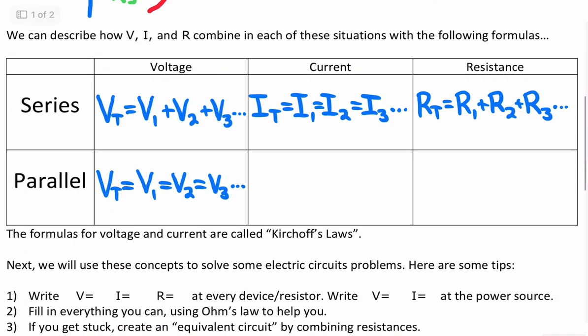Mathematically, we can write this as follows. The total current is equal to the sum of the individual currents, so all the currents added together.